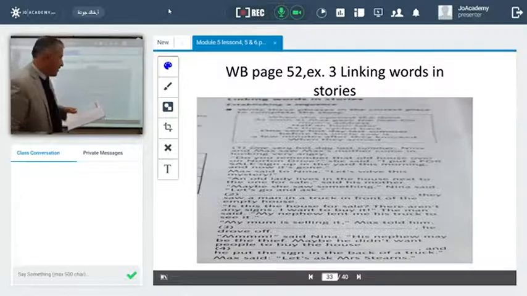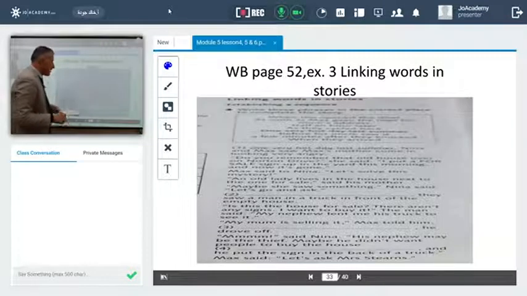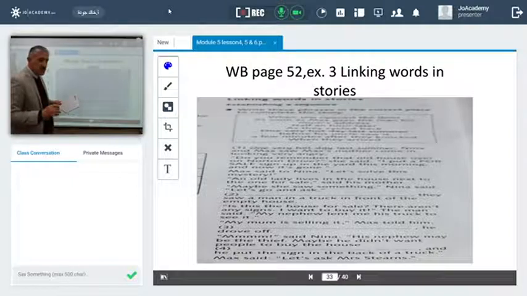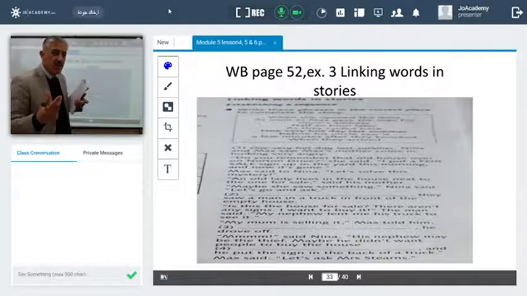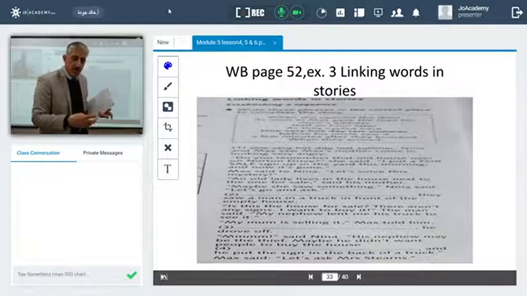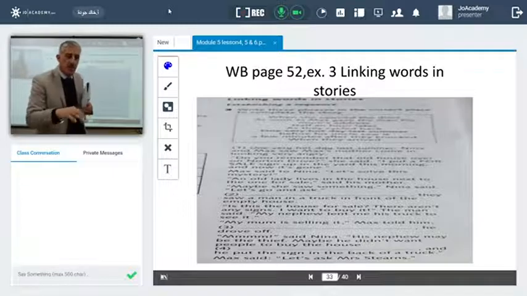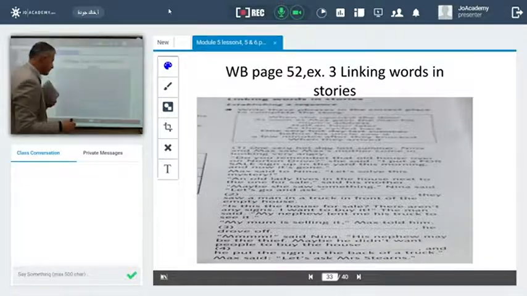We have to fill the gaps with the right sentence. We need to read the story and the sentences and make a connection between the sentence and the context, and put the right sentence in the gap.